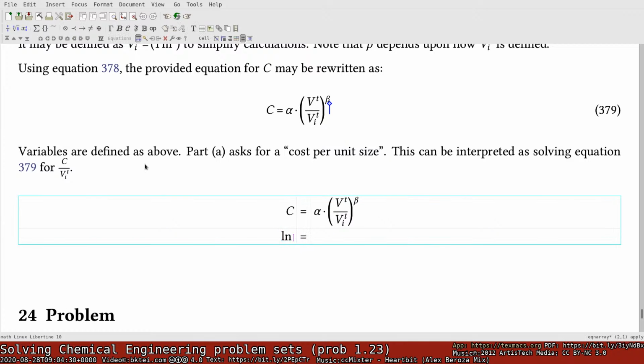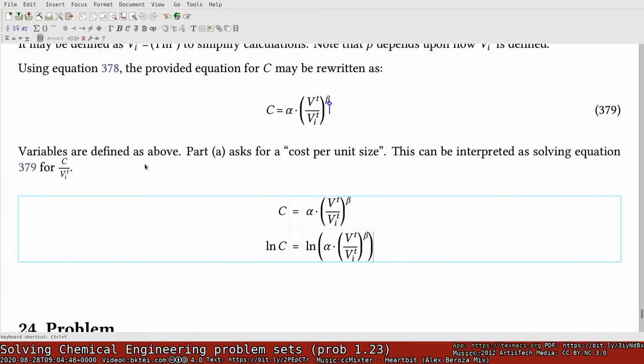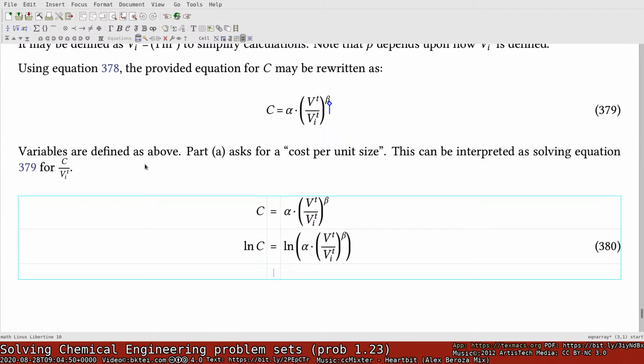Logarithm of C. Do we need the parenthesis? Equals logarithm of that. And is there a... Yeah, that's fine.